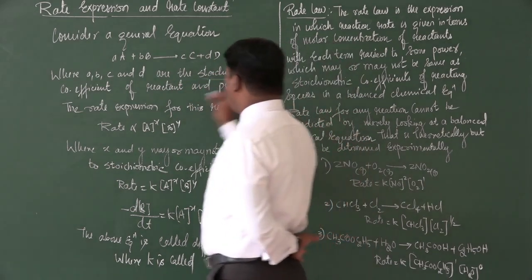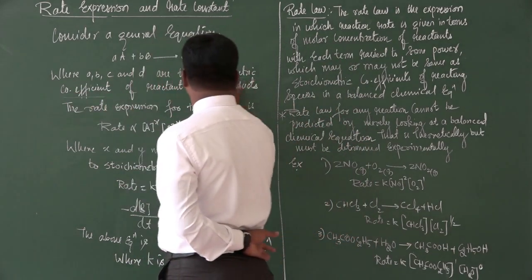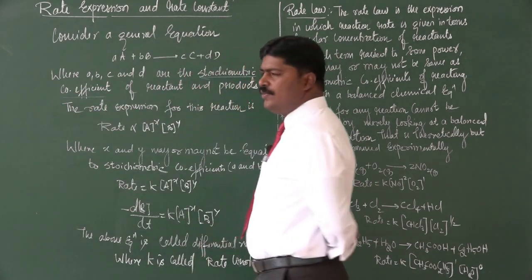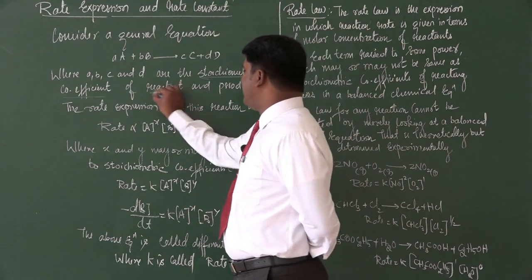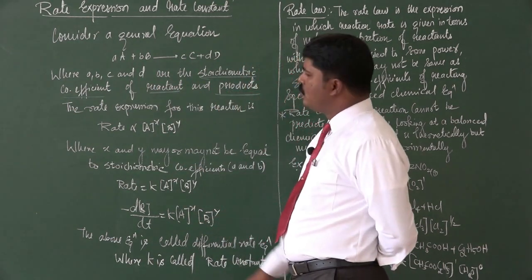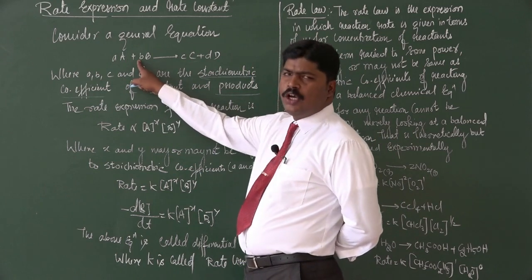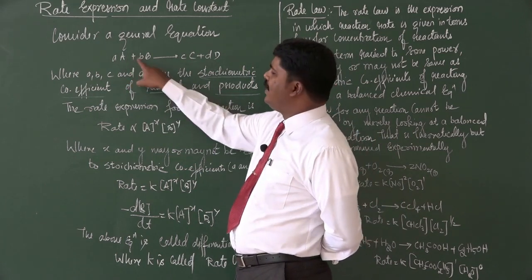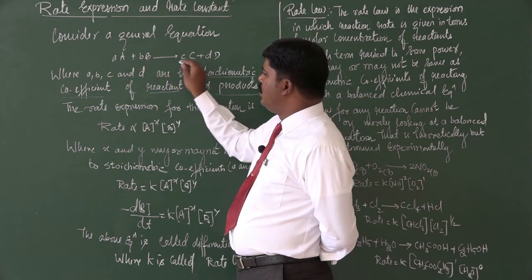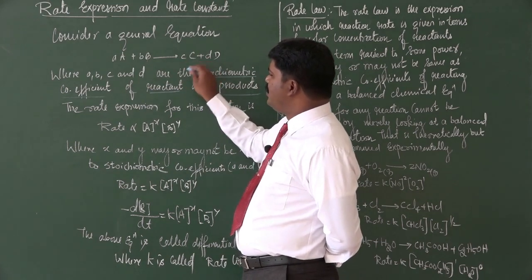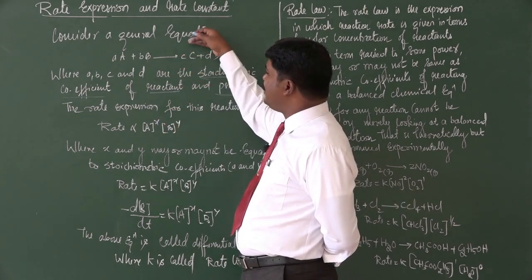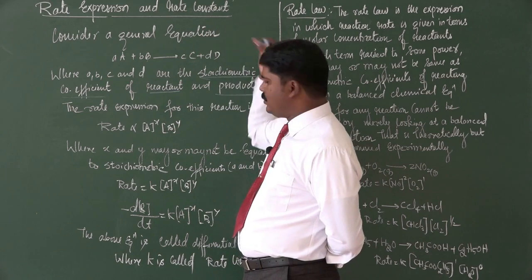We call them stoichiometric coefficients of reactants and products. So a and b are the stoichiometric coefficients of A and B, which are the reactants. The c and d are the stoichiometric coefficients of products C and D, which are in capitals.